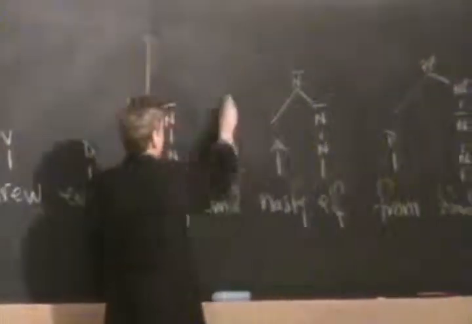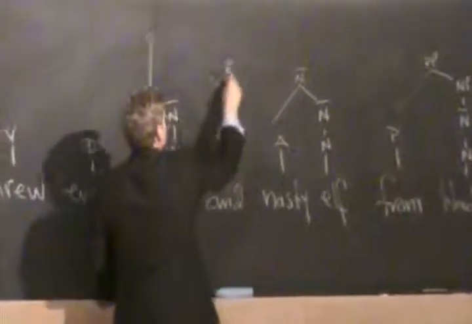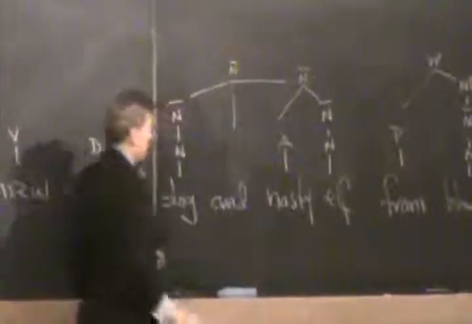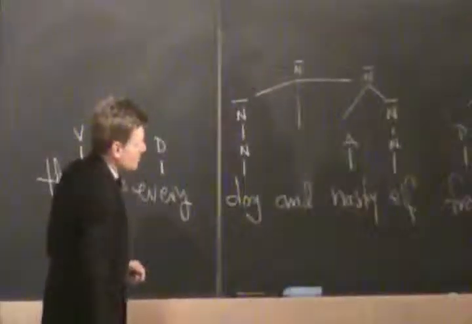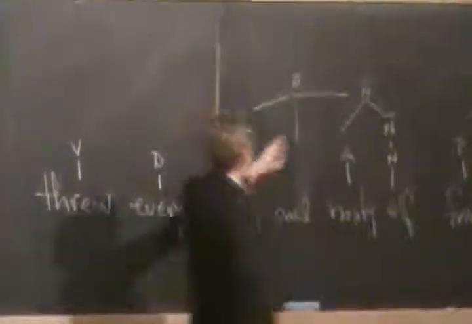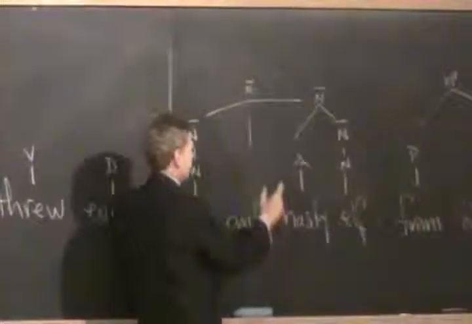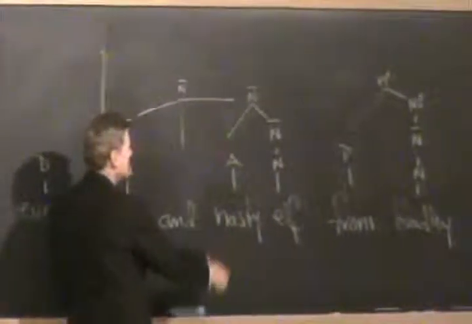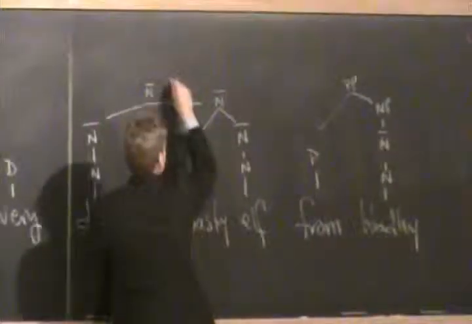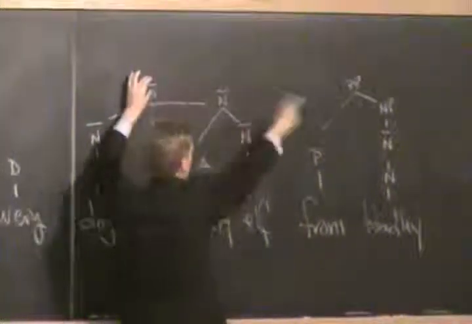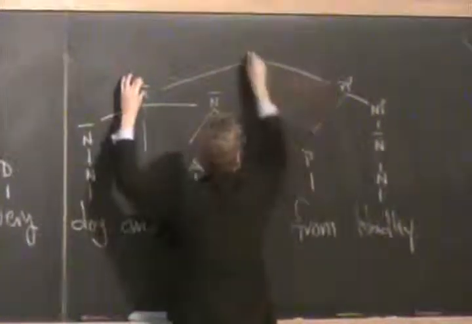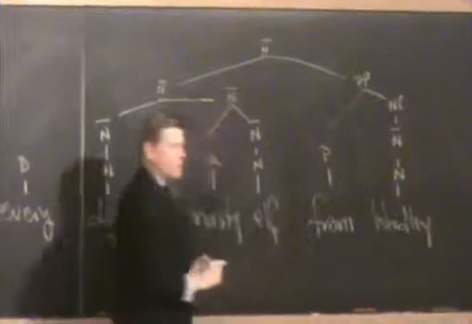These two with and. Is that the idea? Oh, I see, yeah. So now we've got an N bar that's made up of dog and nasty elf. Let us hope we only encounter those on the board. And that N bar can combine with this prepositional phrase to make an N bar.